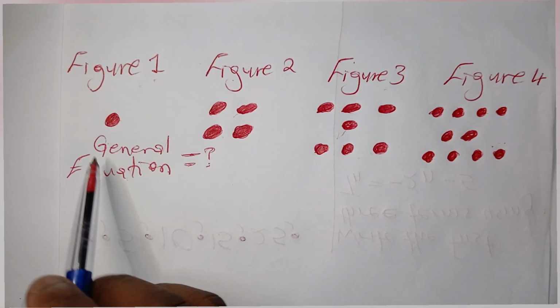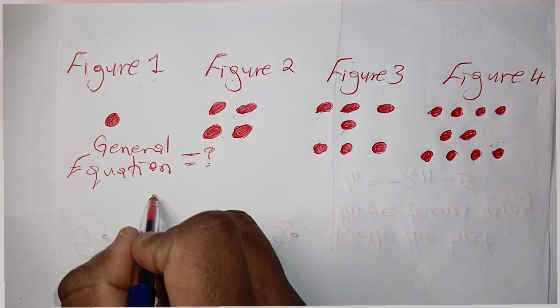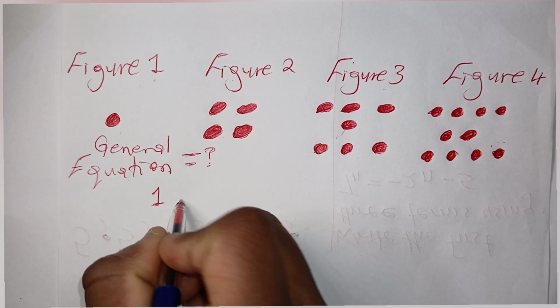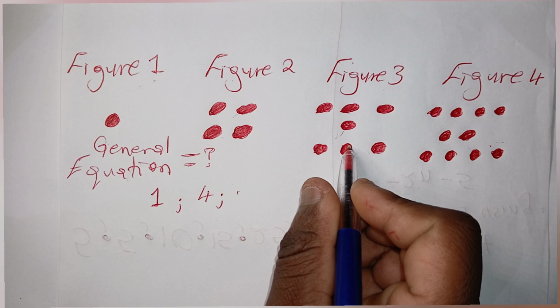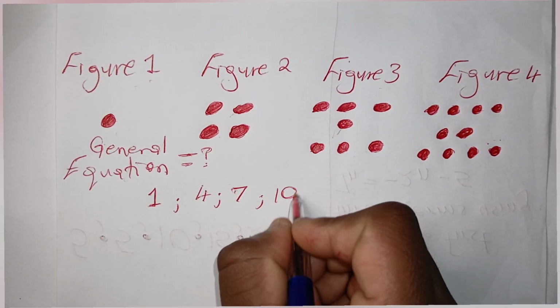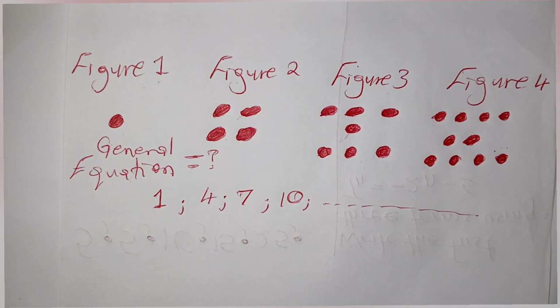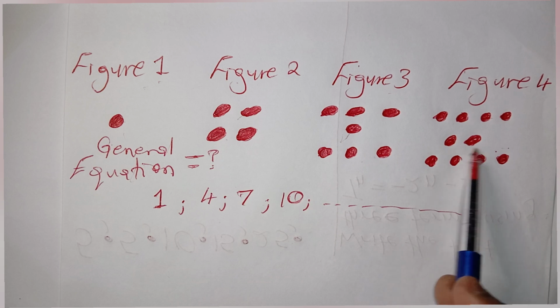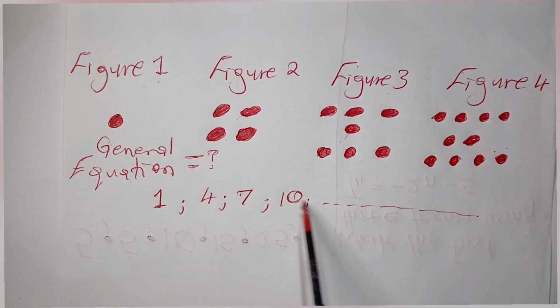In order to determine the general equation, what you have to do is change this into a pattern. So here we got 1 dot, 4 dots, 7 dots, and there we got 10 dots, and so on. What I just did was change all this into a pattern.